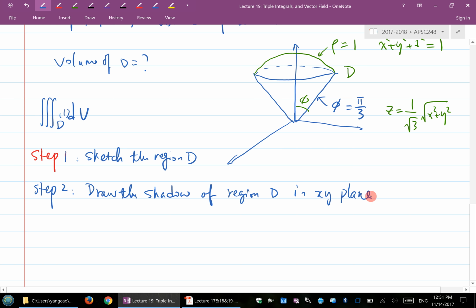The reason you have to do this step is because you need the shadow to find the theta limits.